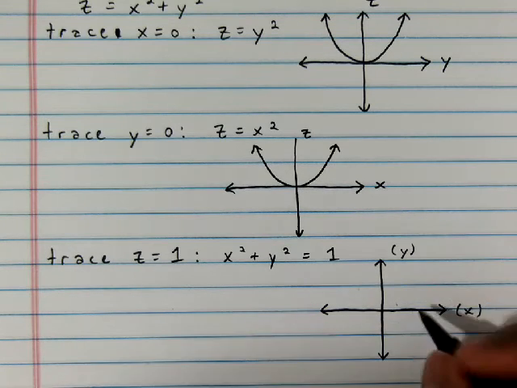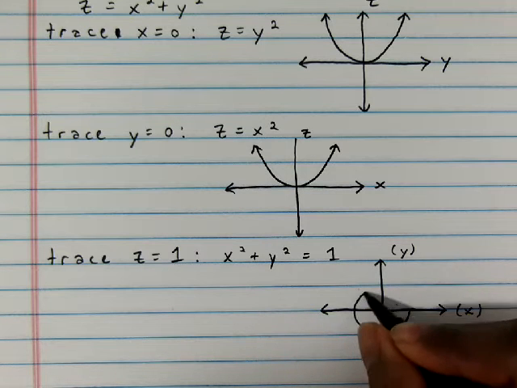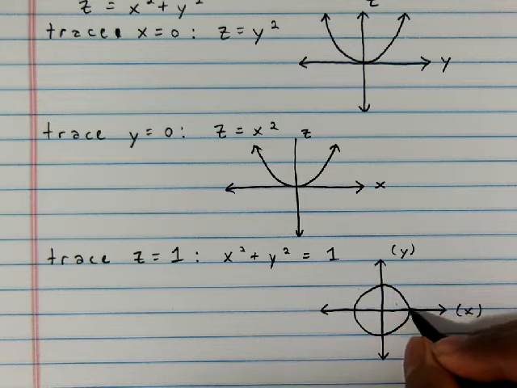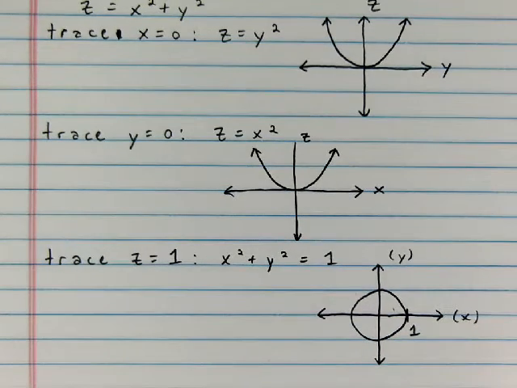And then we would just have this circle of radius 1 centered at the origin. All right, so those are the 3 traces that we chose to sketch.